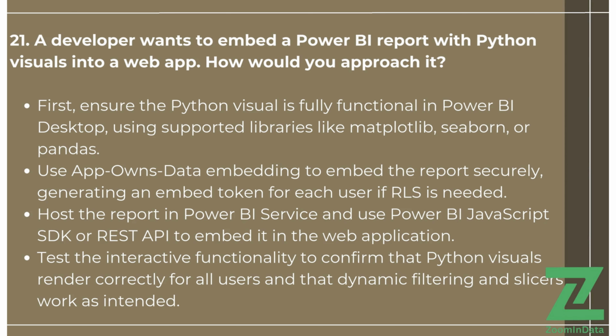Use App Owns Data embedding to embed the report securely, generating an embed token for each user if RLS is needed. Host the report in Power BI Service and use Power BI JavaScript SDK or REST API to embed it in the web application. Test the interactive functionality to confirm that Python visuals render correctly for all users and that dynamic filtering and slicers work as intended.